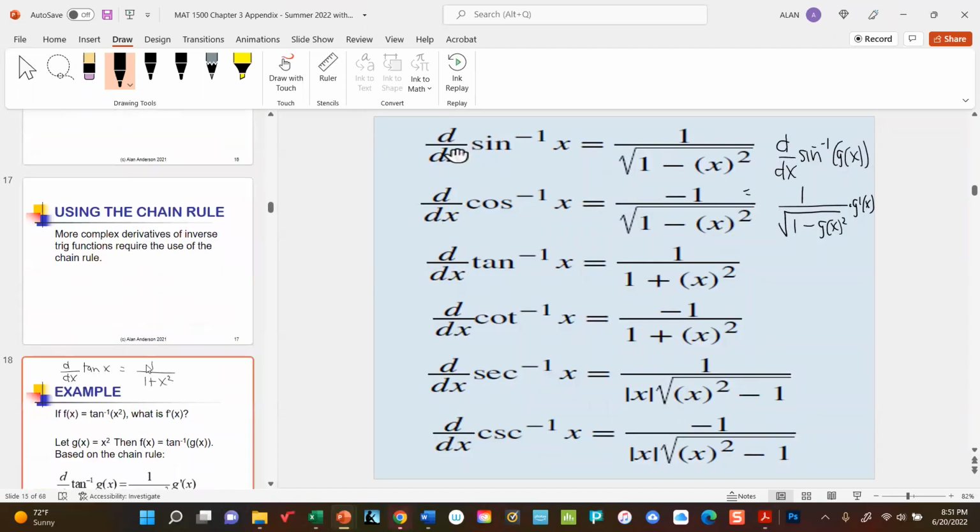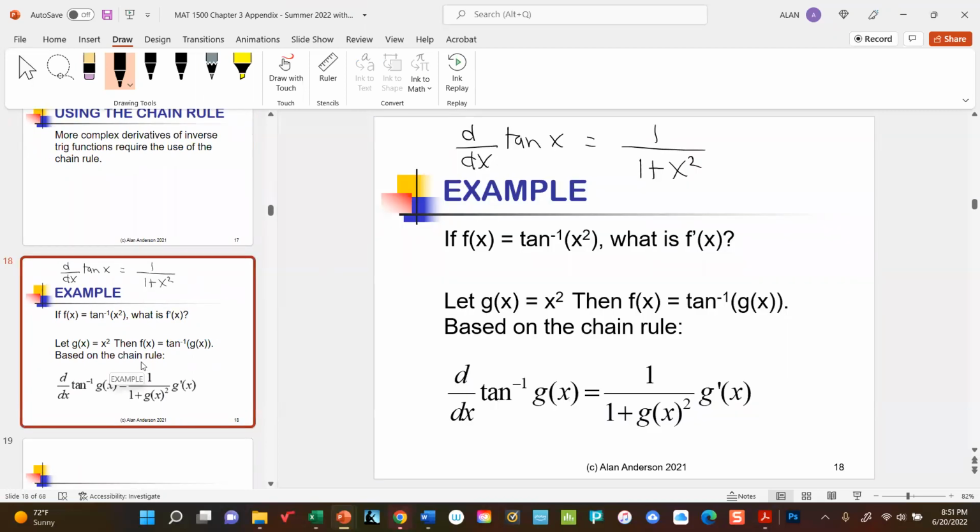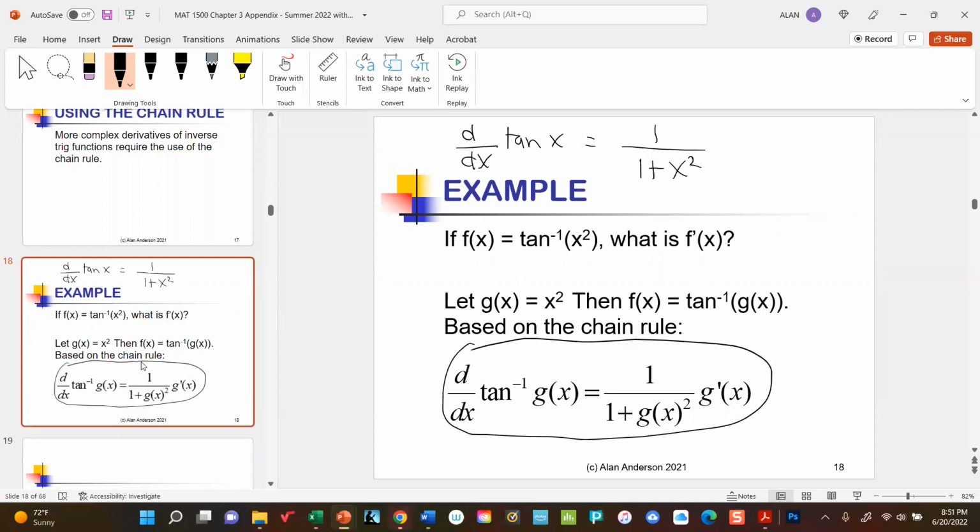But this is not x, is it? It's a function of x. So all of a sudden, that changes everything. Now we need to replace each x with g of x, and we need that g prime of x. Well, let's see.